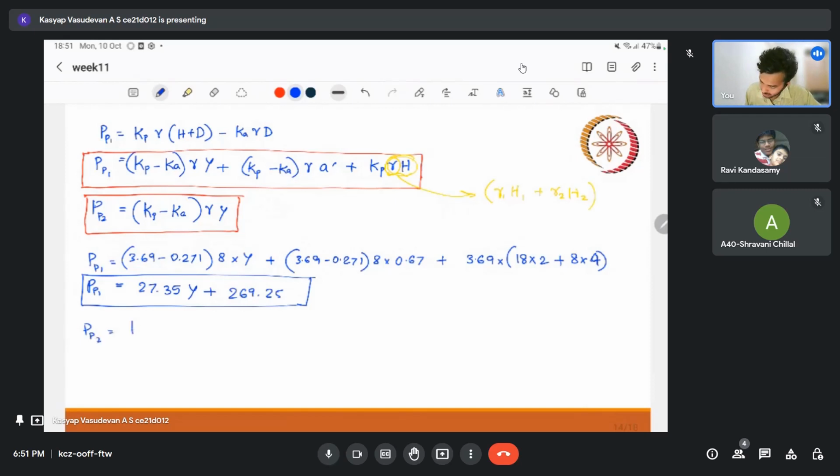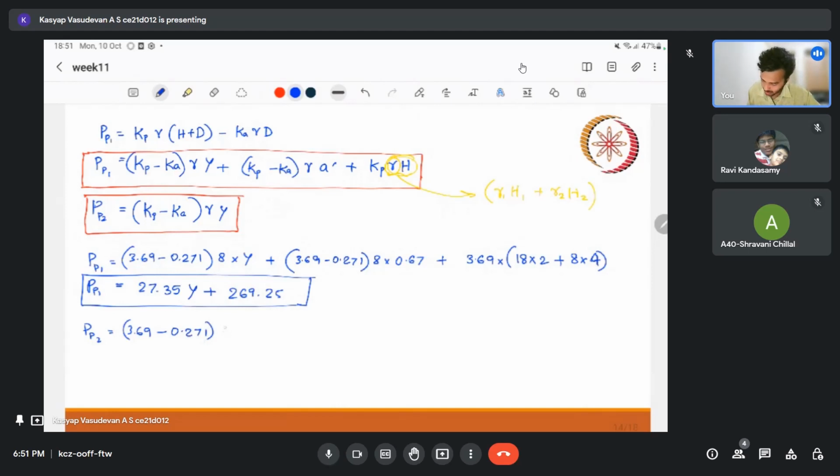And pp2 I can write as kp minus ka, that is 3.69 minus ka, 0.271, into gamma y.